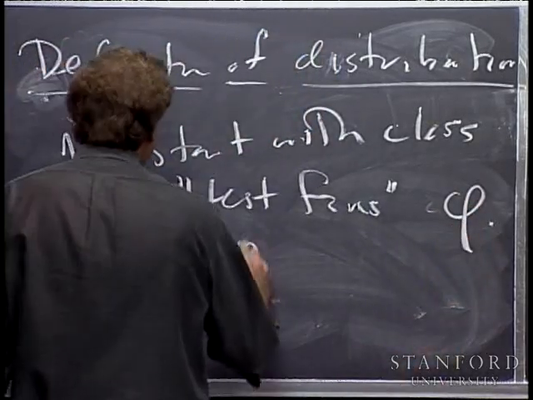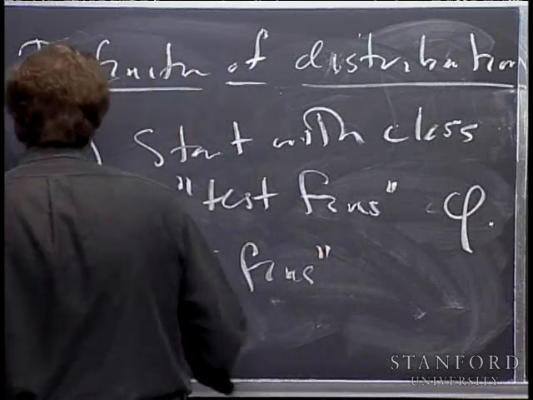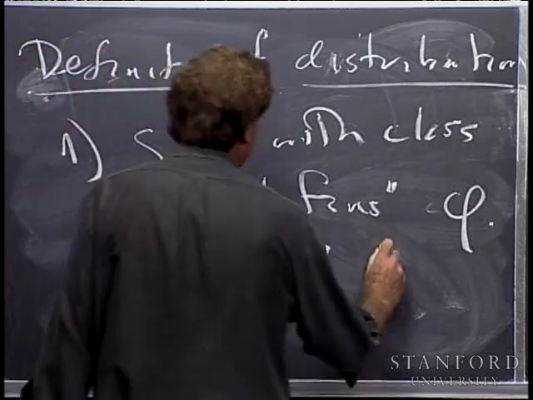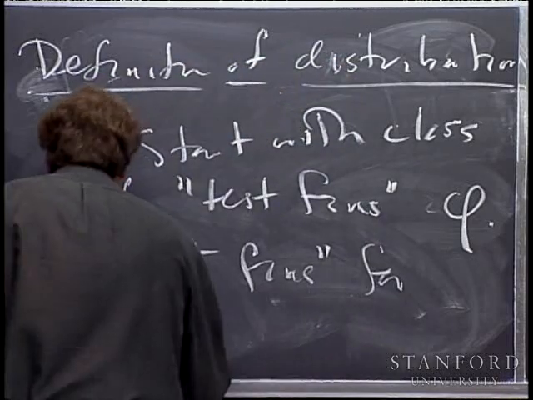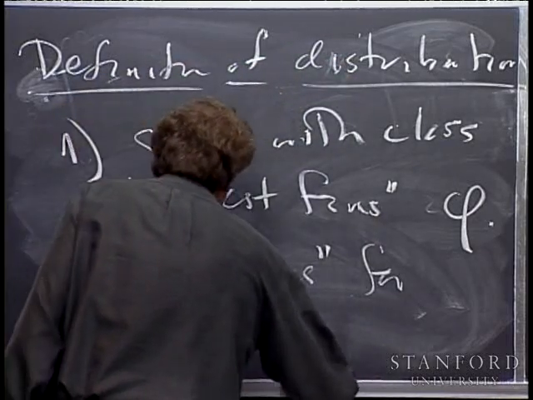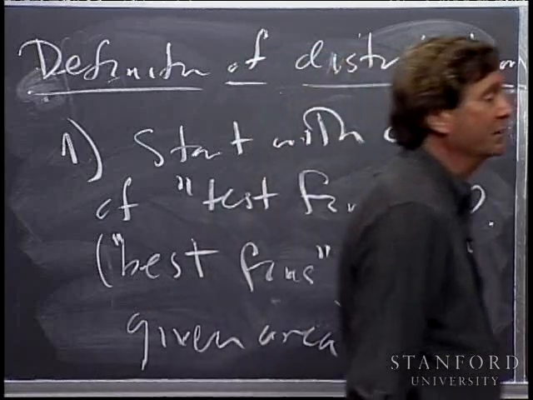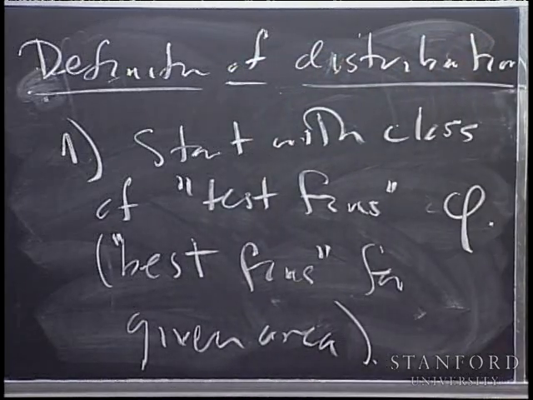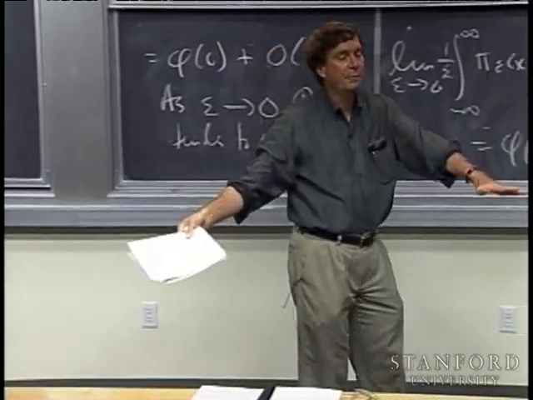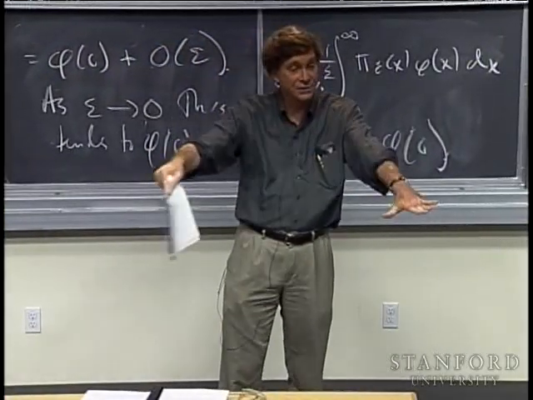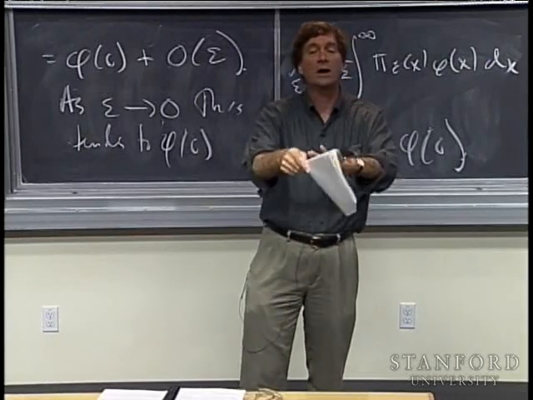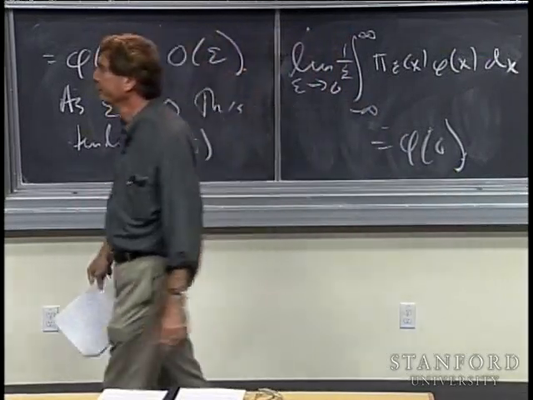Best functions for the problem at hand, for the given area of application. Again, for Fourier transforms, it's going to be the Schwartz functions, the rapidly decreasing functions. For other problems, it may be those functions which I mentioned last time of compact support, the functions which are not just tending to 0 outside some finite interval, but which are identically 0 outside some finite interval.